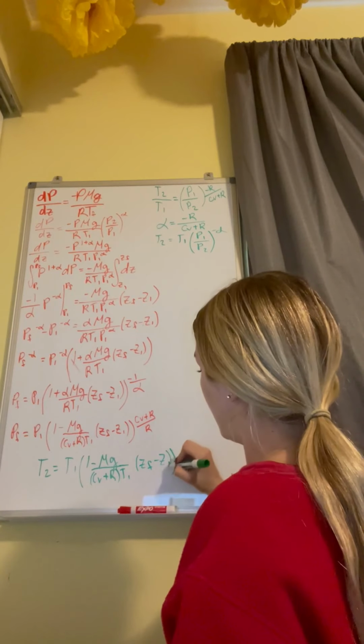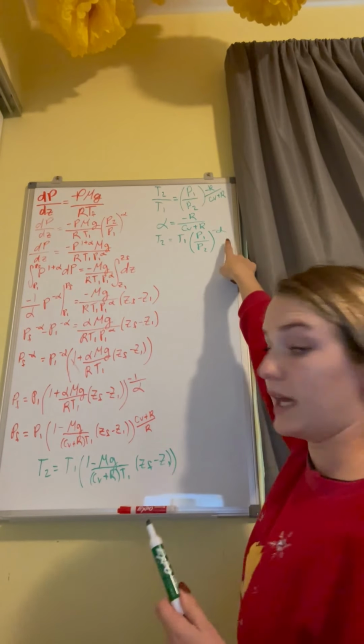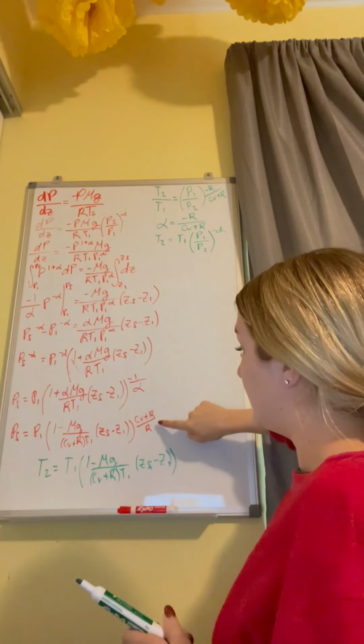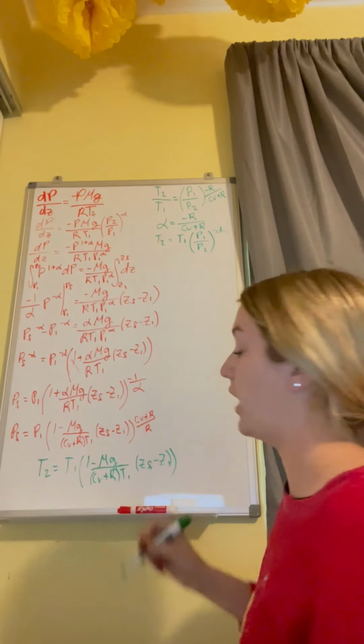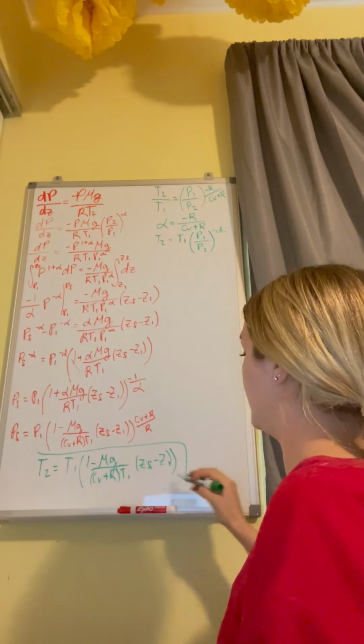And then we can see that we have the negative alpha here and then we have CV plus R here. So those are just going to cancel out, and this is going to be our final equation.